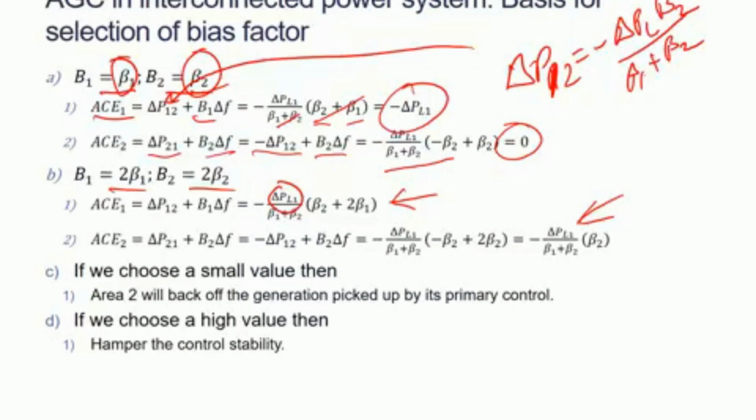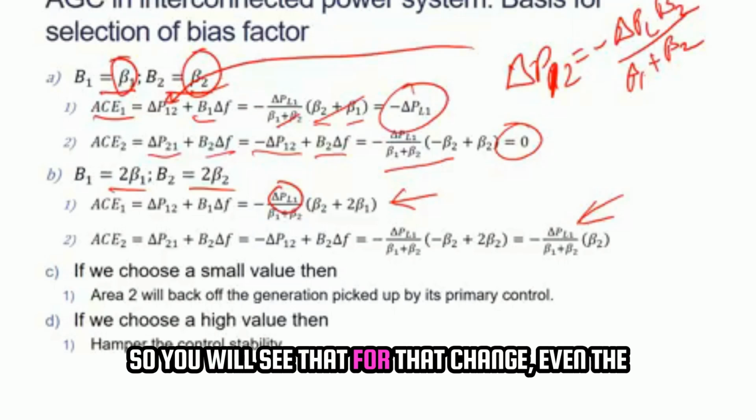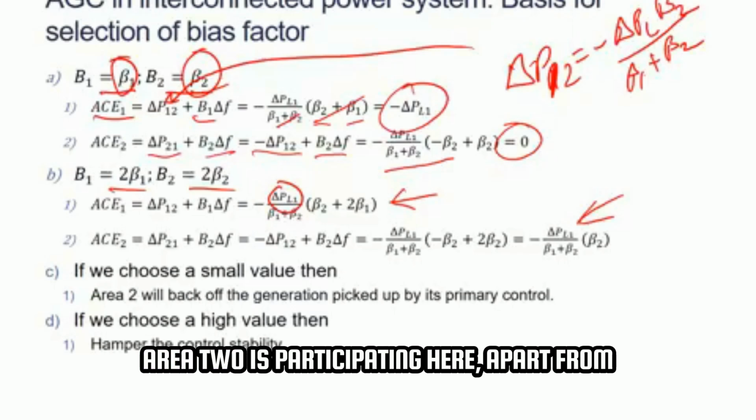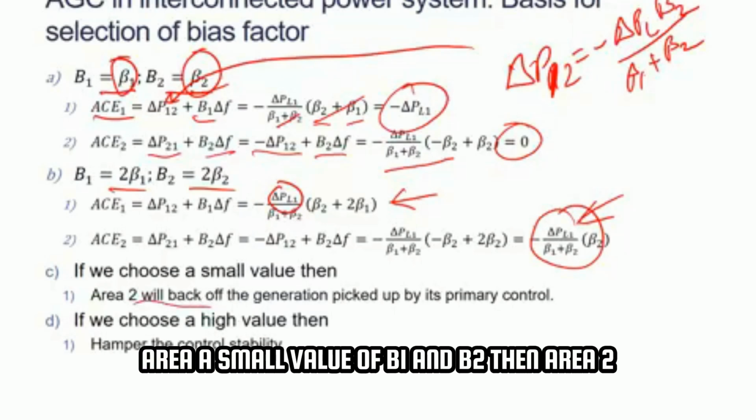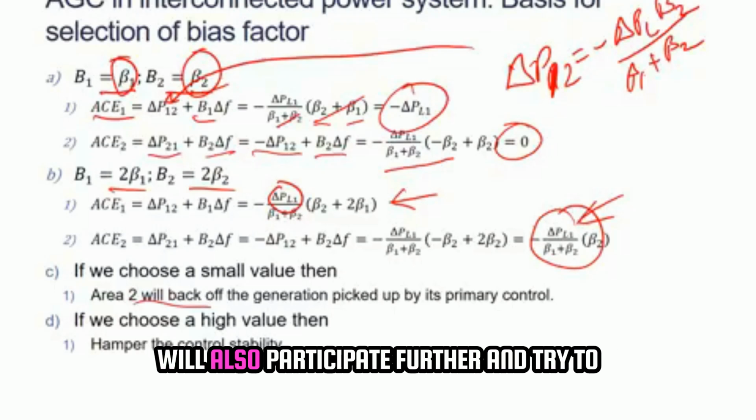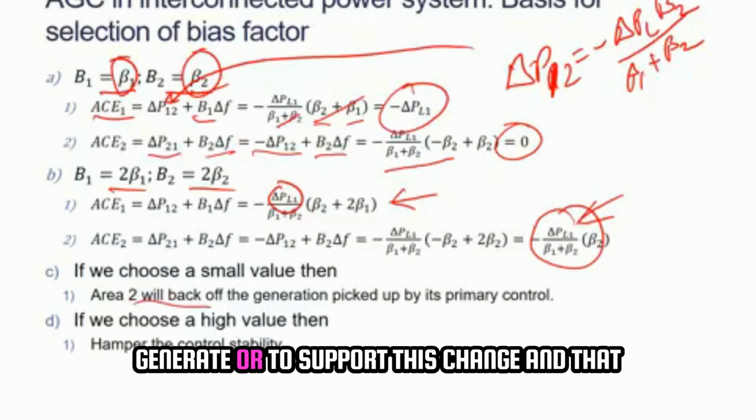And if you keep a small value of b1 and b2, then area 2 will also participate further and try to support this change, and that we do not want.